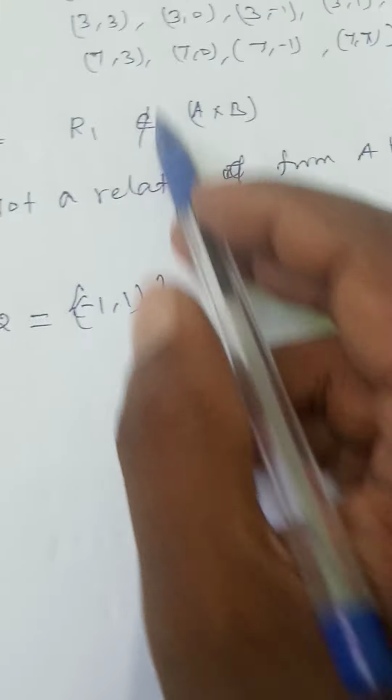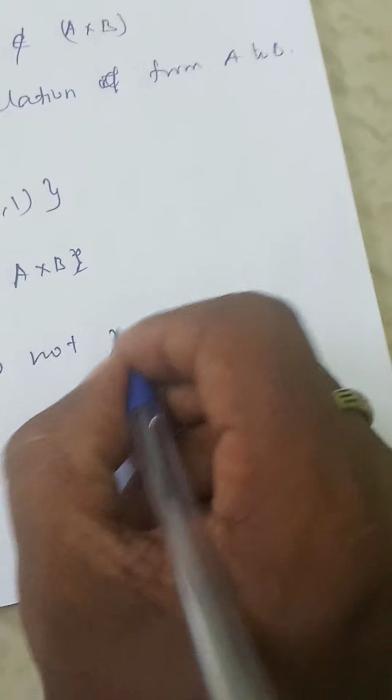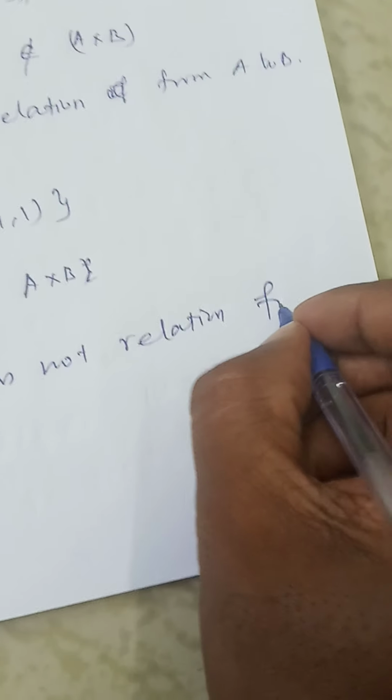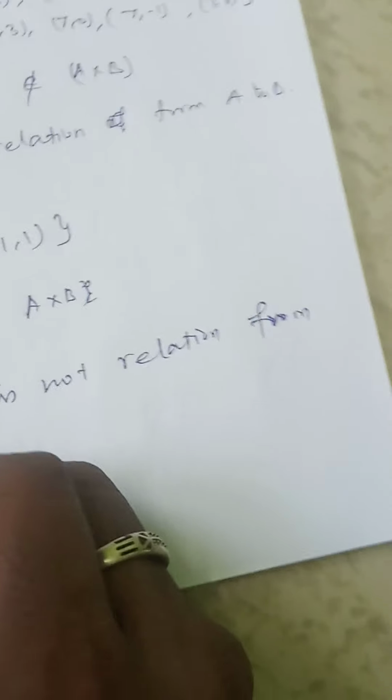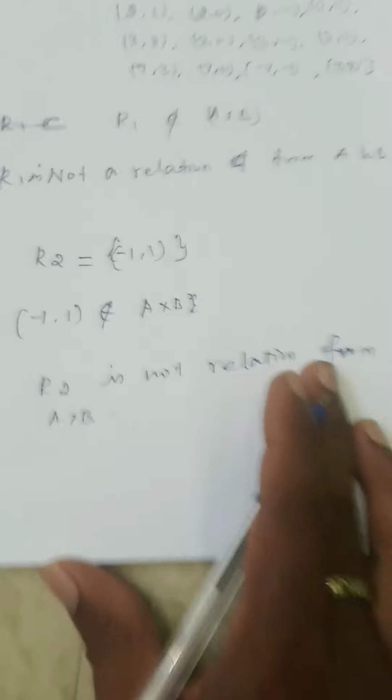You compare with A cross B. (Minus 1, 1) is not in A cross B, only (1, minus 1) is there. (1,1) does not belong to A cross B. So R2 is not a relation from A to B.